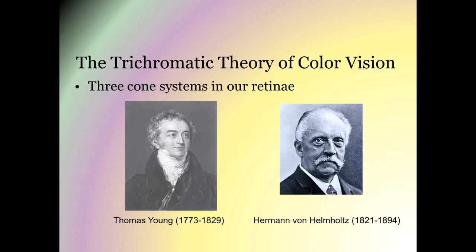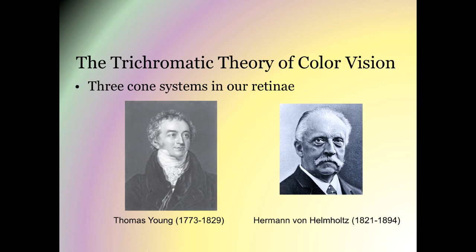So let's take a look at trichromatic theory of color vision, and it was developed by Young and expanded upon by von Helmholtz. And it deals with the three cone systems in our eyes, but they were working at a time when they could not look at the retina and see the cones within the retina, the individual cells, because they didn't have the technology.